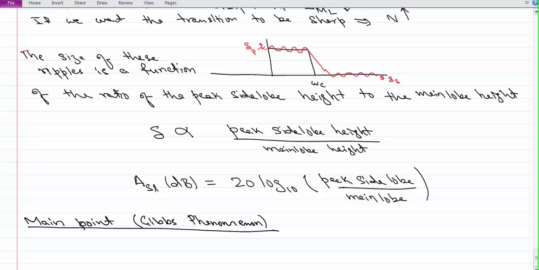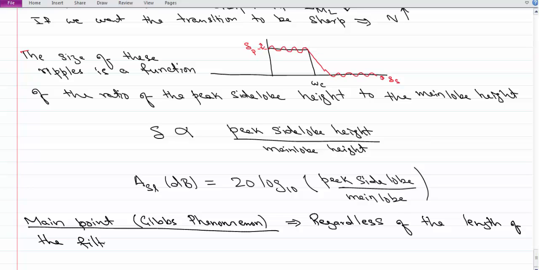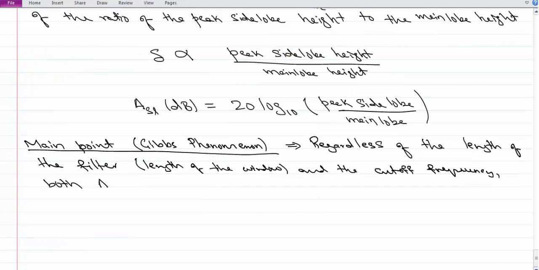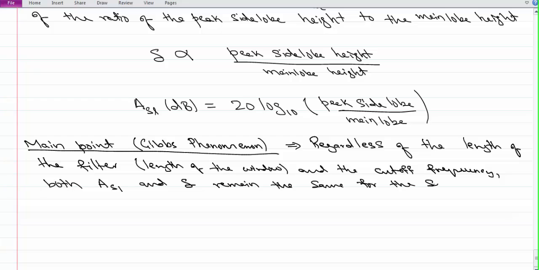Okay, so what this says is that regardless of the length of the filter, and the filter length and the window length are the same, and the cutoff frequency, both ASL and delta remain the same for the same type of window.